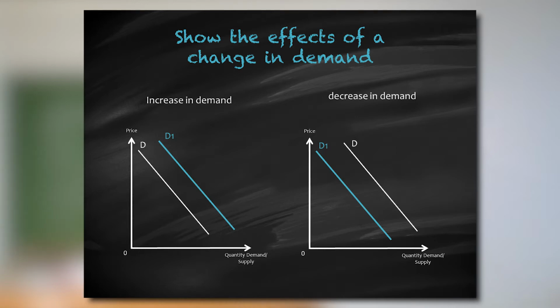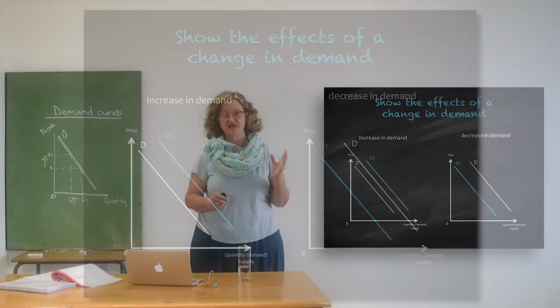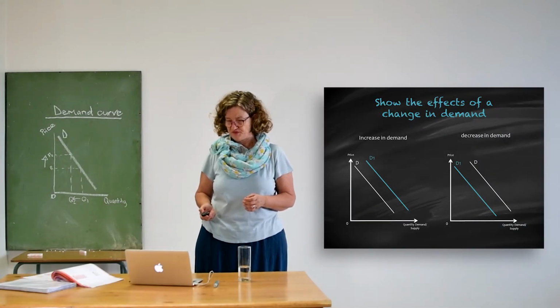If the demand decreases for a product, say for example they tell you you can't use any diet cool drinks anymore because in the diet cool drinks there's something that is not good for your health, then the demand for, say, Diet Coke will decrease. To indicate such a decrease in demand, you will see on the next graph that the demand curve will move to the left. So an increase is a movement to the right of the demand curve, and a decrease is a movement to the left.